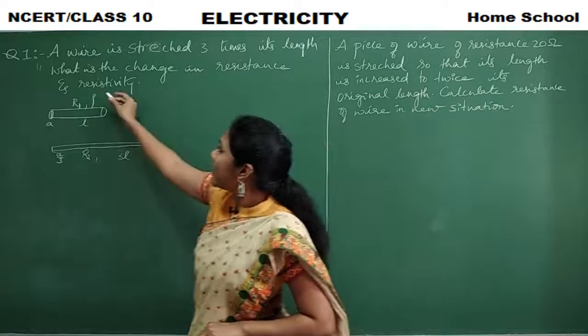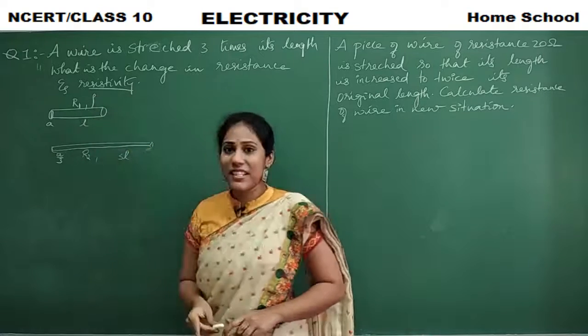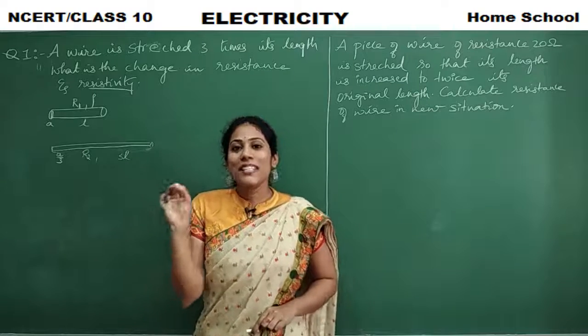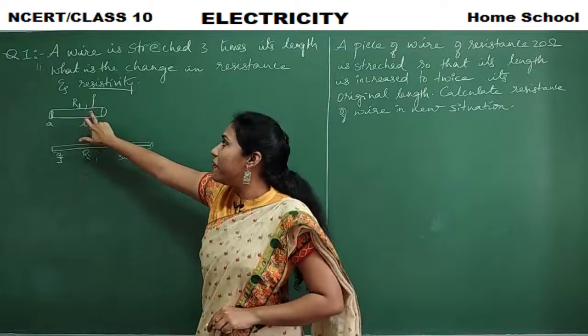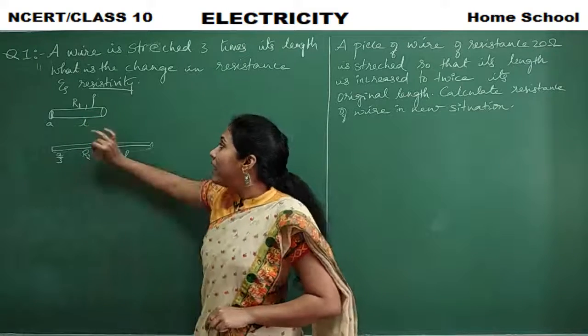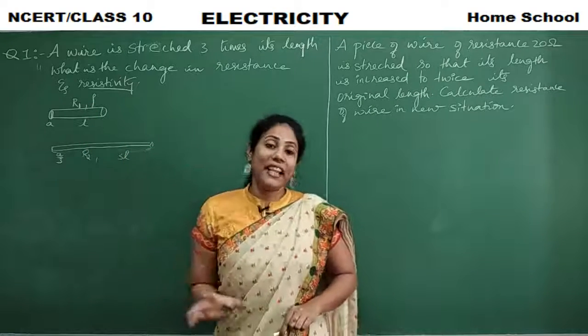What will happen for resistivity, guys? Will the value of resistivity change? No, right? We studied the concept of resistivity. As long as you have the same type of wire, made of the same material, the resistivity does not depend on length and area.